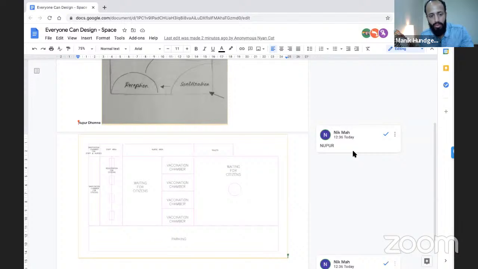So what will happen when you create a blueprint like this is that it can serve as a guideline for others. Now when WHO makes a guideline, it takes all the experts and works with them. They take stakeholders in place and make a blueprint that you can follow to ensure certain things, right? So you can do the same. They are not doing rocket science to give guidelines on how to make something.